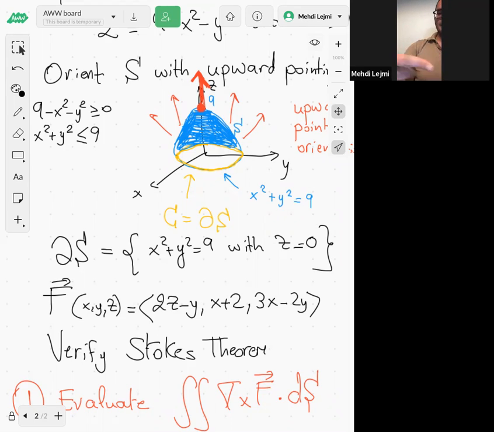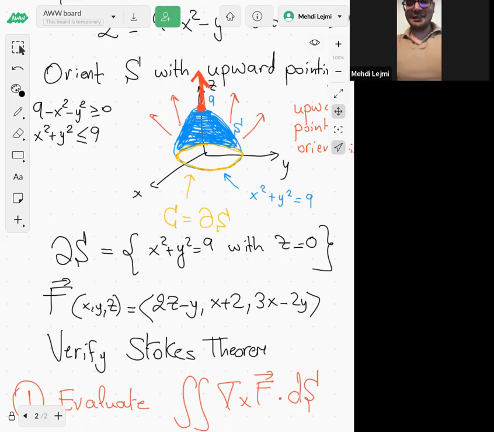So the orientation of the boundary is supposed to be counterclockwise, because the thumb points in the direction of my upward normal vector. The index finger is the orientation of your curve C. If the normal vector was downward pointing, then the orientation of your C would be clockwise. Do you see my hand?